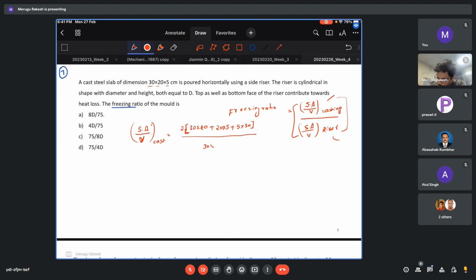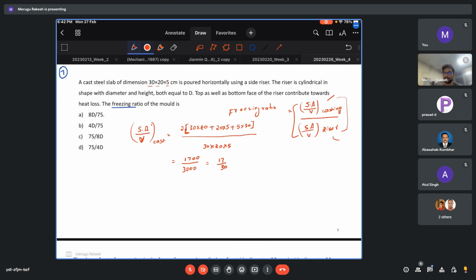It is nothing but 30 into 20 into 5. So we get 1700 divided by 3000. So we got 17 divided by 30.